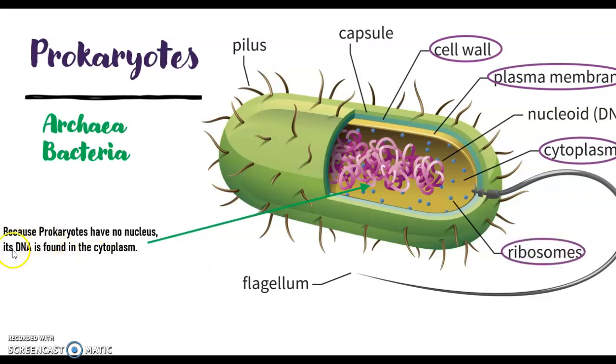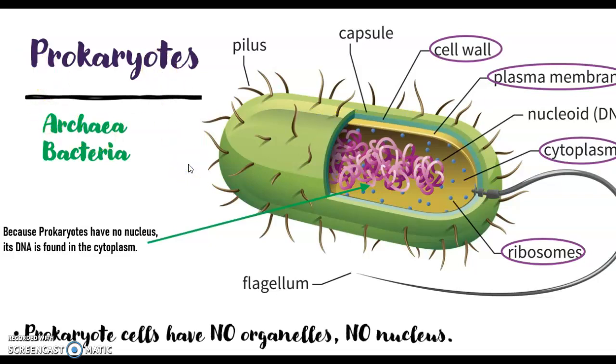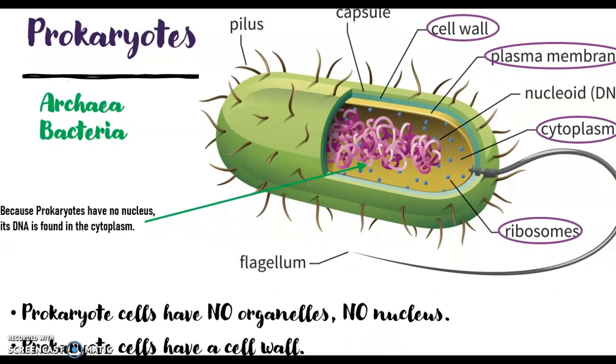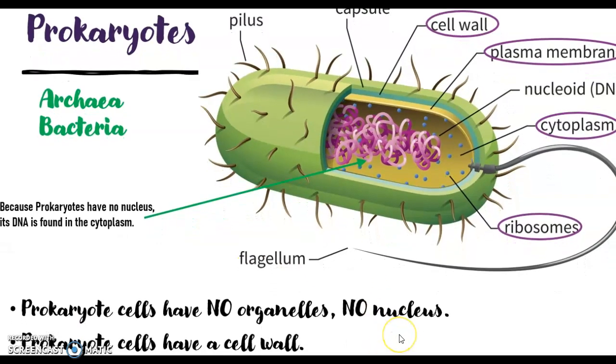So those are the four basic things that a cell must have, and prokaryotes have that. But they have no organelles, they have no nucleus, although they do have a cell wall for protection.